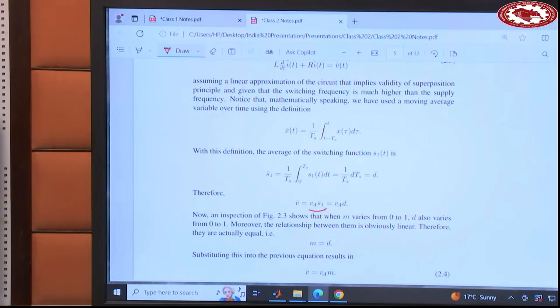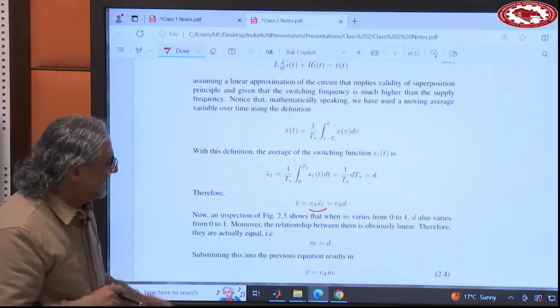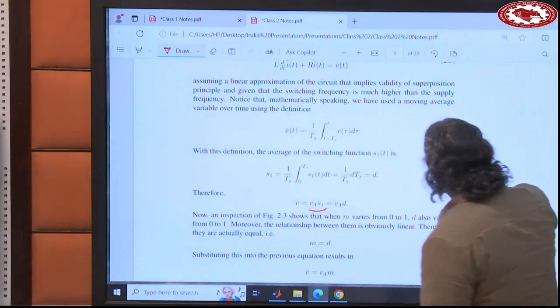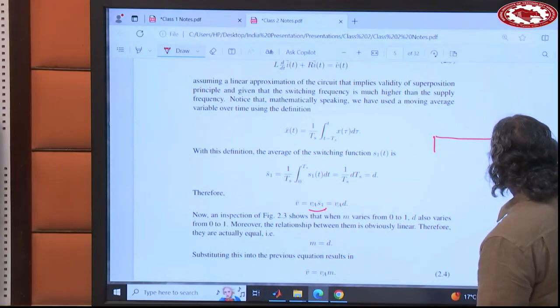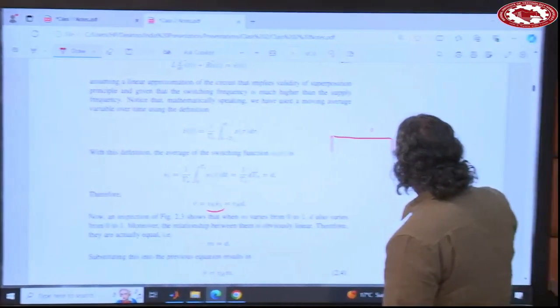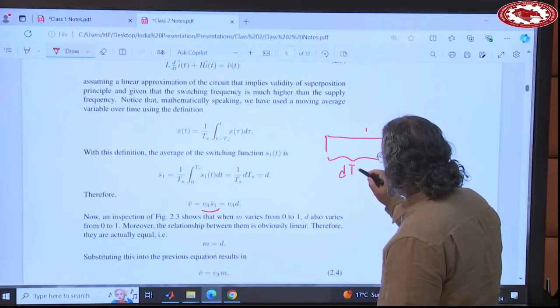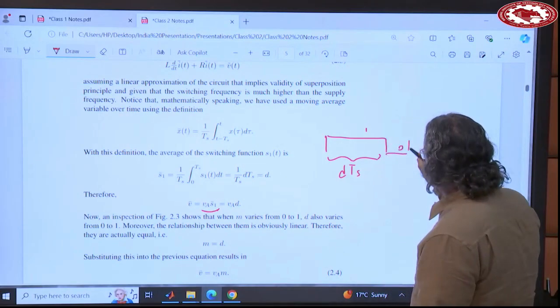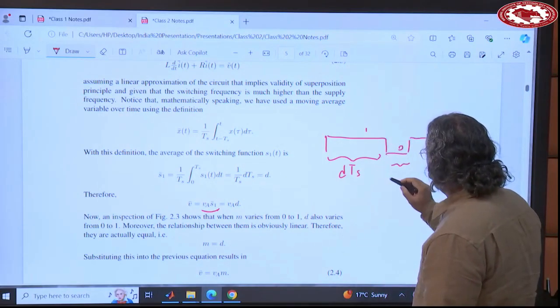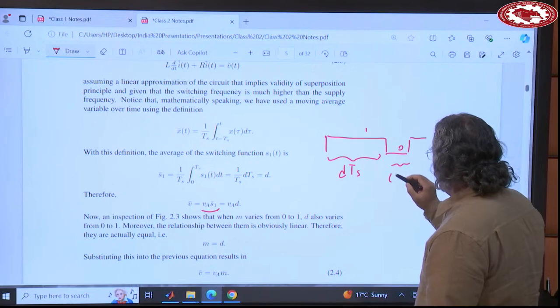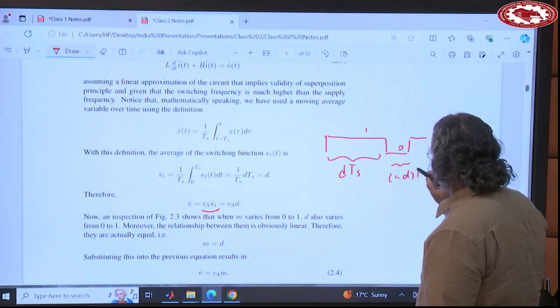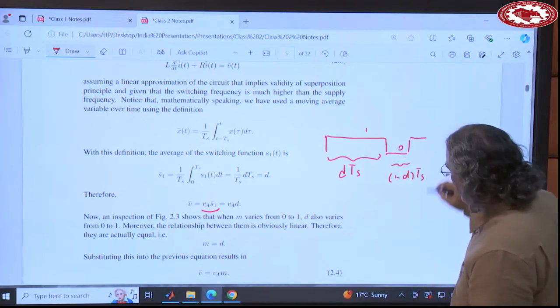Average of that is D, duty cycle. Right? Because it's a waveform like this. It's 1 and then 0, and from here to here is DTS, and it's 1 here. So here is 1 minus D into TS. So the average of this waveform is D.